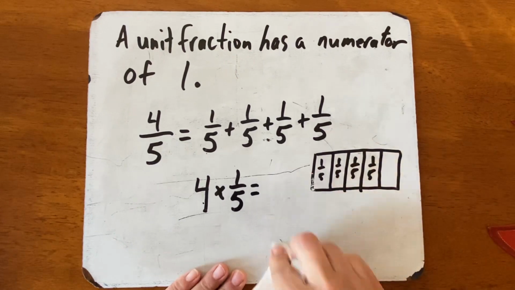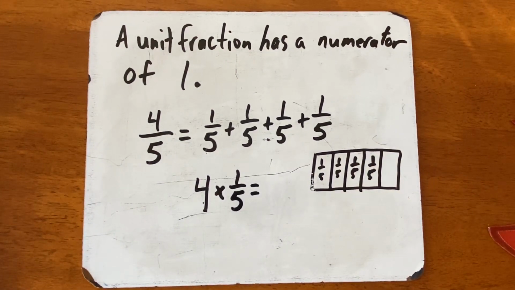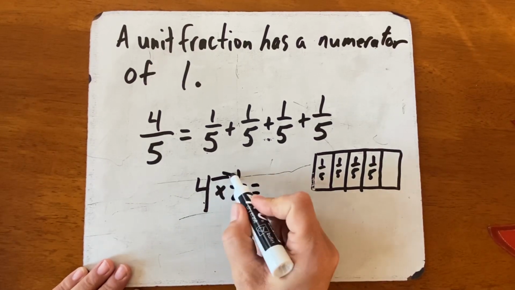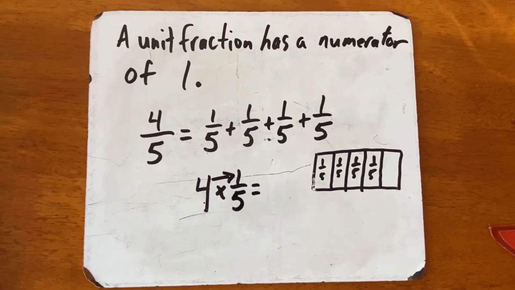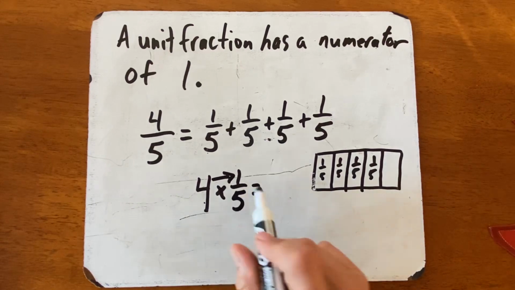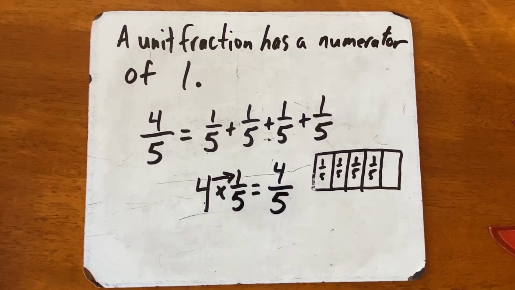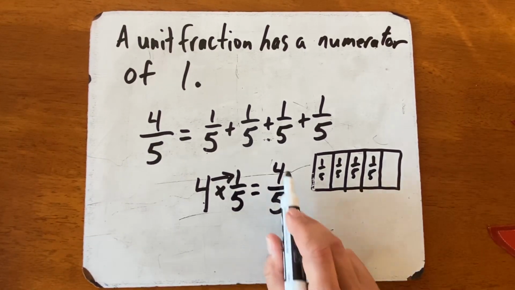And we're going to do this type of problem. You're only going to multiply this number. When we multiply fractions, we only multiply that. The denominator shouldn't change. So 4 times 1 is 4. Denominator stays the same, 4/5. So that is the quick way of writing this.